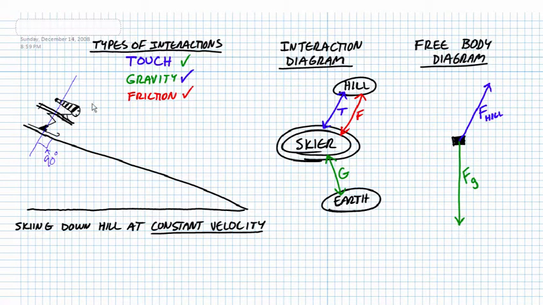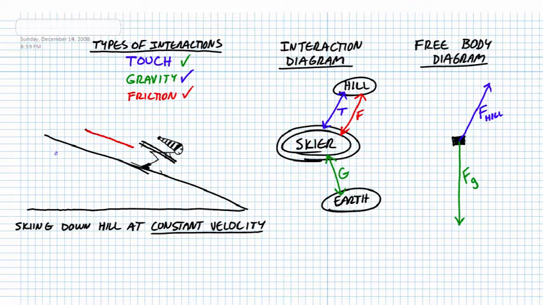Alright, we have one force left. That's the force of friction. The skier is going to be traveling down the hill in this direction, and the force of friction is going to be directly opposite of that, like that.